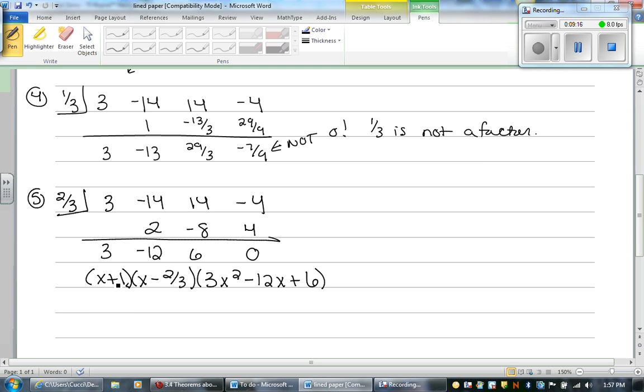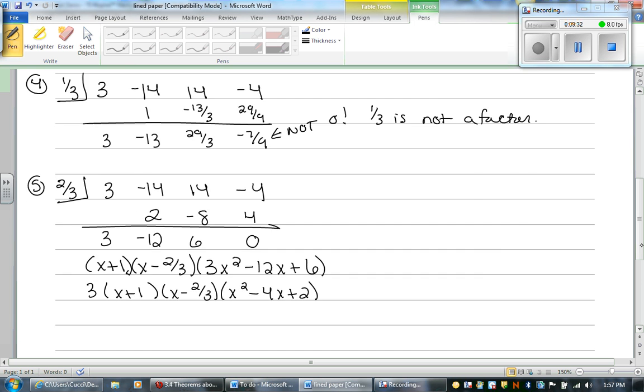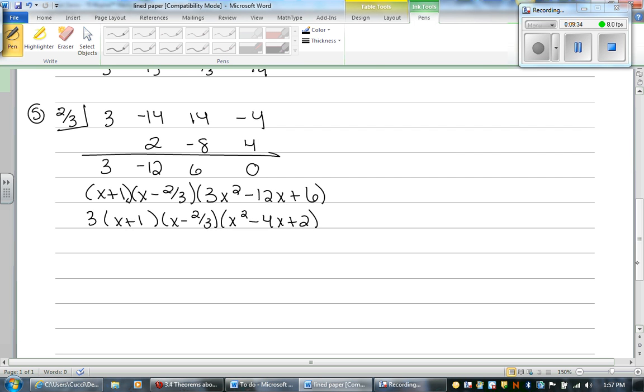I can pull out a GCF there. 3, x plus 1, x minus 2/3, and x squared minus 4x plus 2. All right, so what we've done here is we've factored it as far as we can. Okay, it doesn't get any more factored than that.